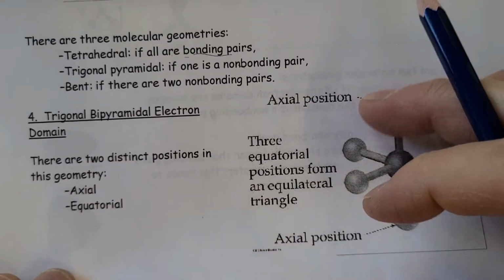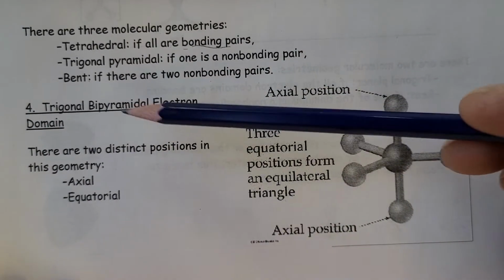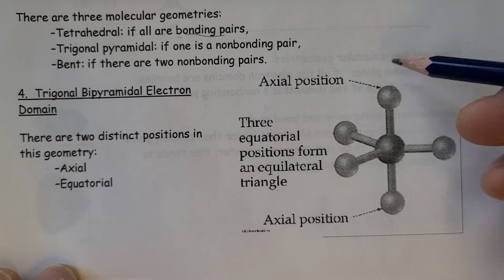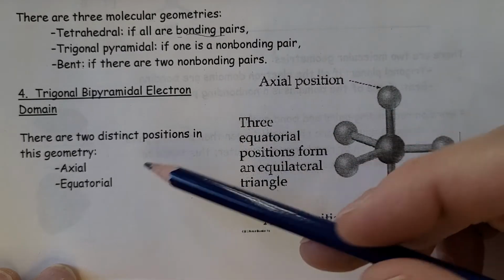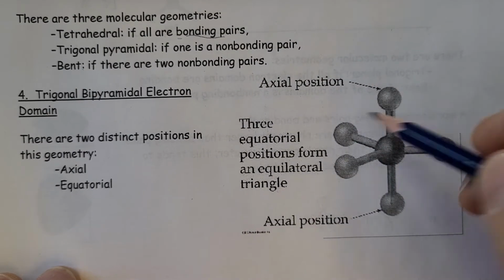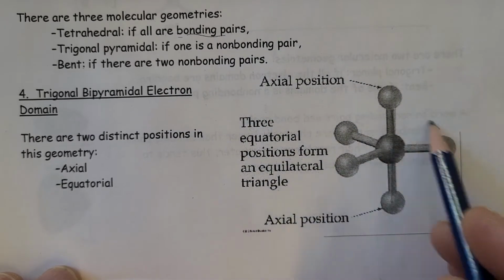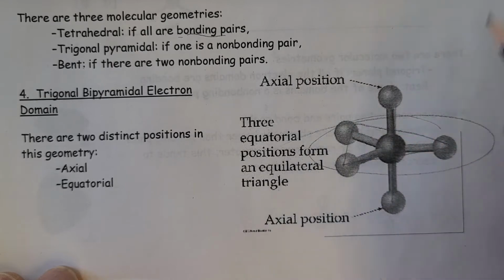Okay? When I have 5 electron domains, I'm going to have to look at something first here. So look at the shape here. There's kind of 2 areas to look at. There's an axial shape, just like a car axle joining 2 wheels together. It's a straight linear type shape. And then there's an equatorial shape. So you can see this would make an equilateral triangle.